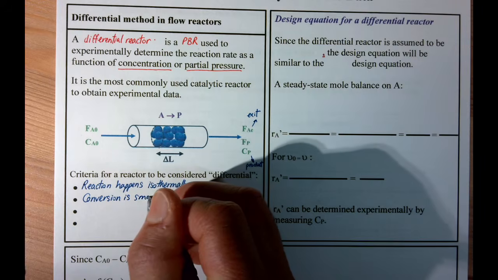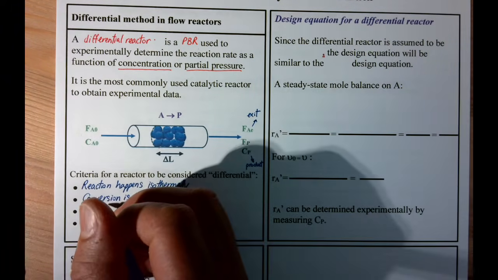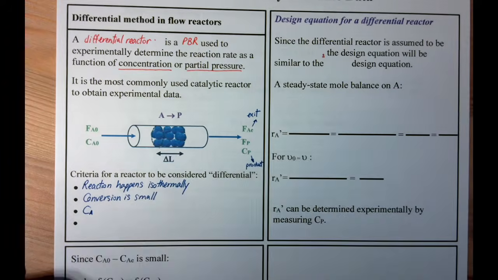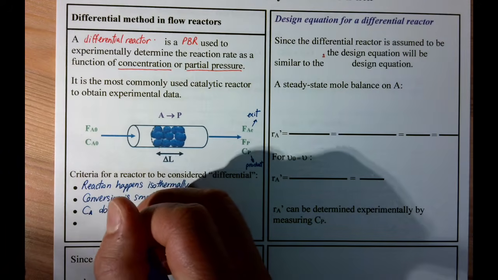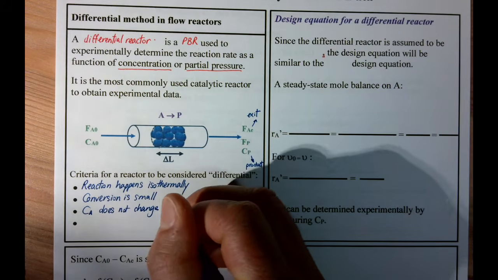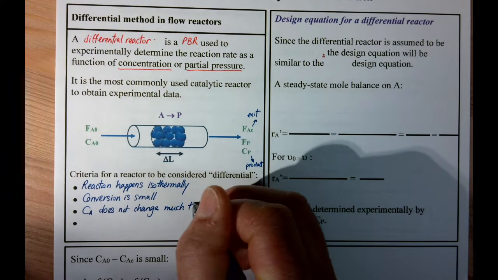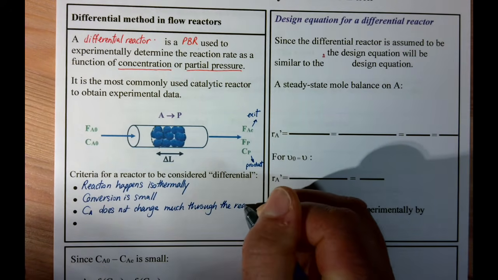We do not want the reaction to happen to a very large extent. We want to keep conversion low. When the conversion is low, Ca will not change very much through the reactor because the conversion is low.